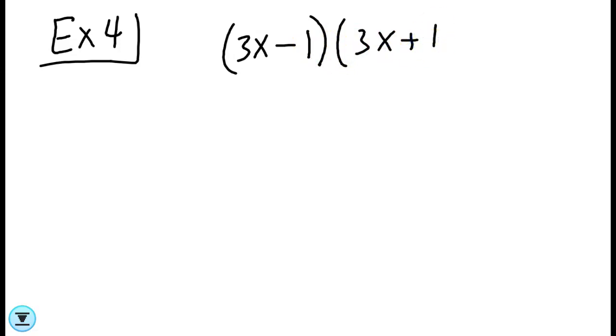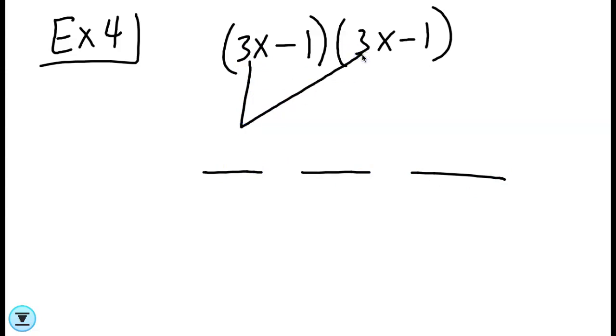Oh, I'm sorry, I don't want them to be opposites. They actually need to be the same this time, right? So there we go. So I'm multiplying the same thing by itself. All right, well, to get the first term, we're going to have 3 terms. We already know that. The first term is going to be 3x times 3x, which is 9x squared. The last term is going to be negative 1 times negative 1, which is a positive 1.